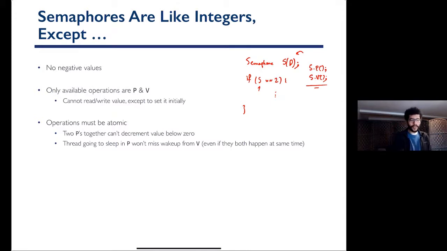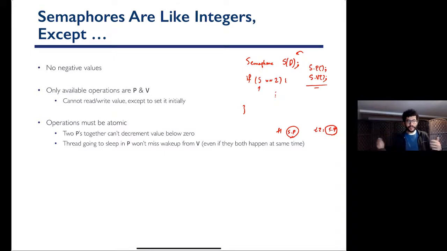But if you have thread 1, T1, calls semaphore.p, and then T2 also calls semaphore.p, the operating system makes sure that, for example, maybe T2 runs this operation first and then T1, or T1 runs first and then T2. Both of them cannot execute P at the same time. So that is guaranteed.